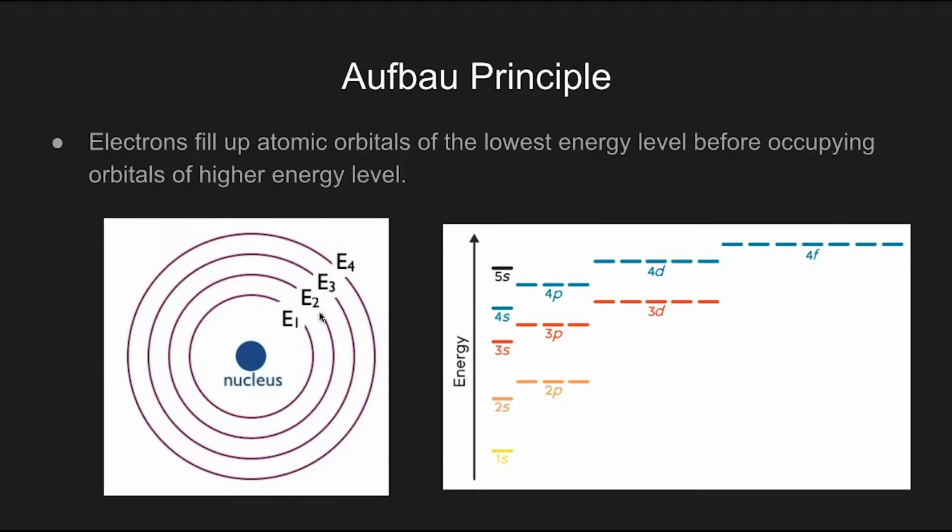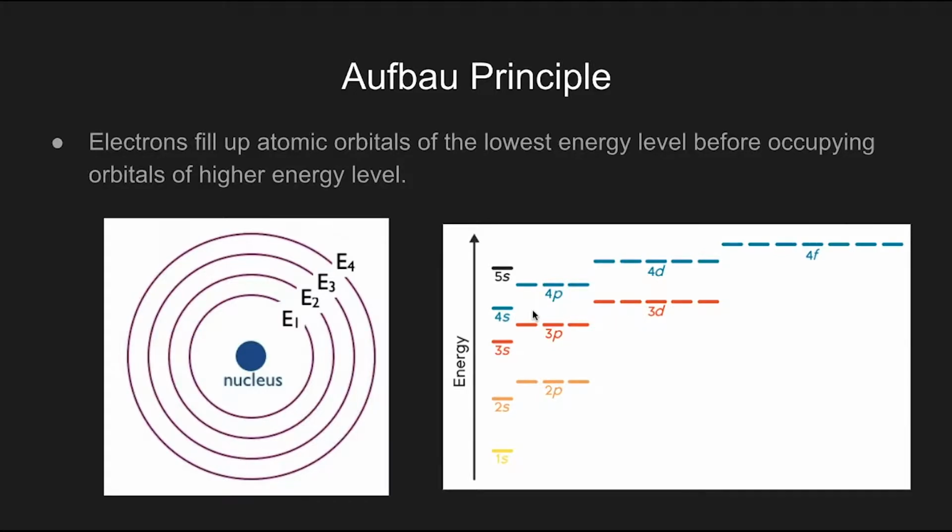Now it's going to fill up the 2nd shell after that, and the 2nd shell has 2 subshells, the S and the P subshells. The S subshell, as I mentioned before, is at a lower energy level, so it's going to fill up the S subshell first, and then the P. Then we're going to move on to the 3rd energy level, or shell. We're just going to fill up the S, P, and then the D. Then the 4th, again, S, P, D, and F. But you can see that there's some overlap here in energy level between the different shells.